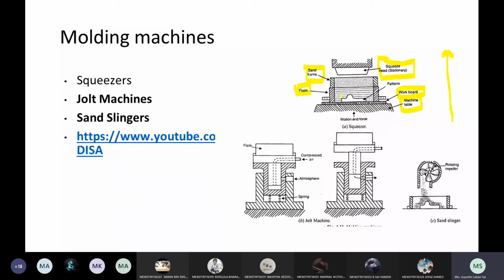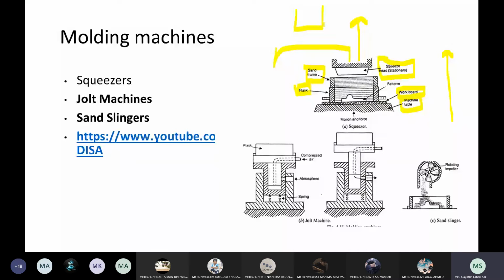After filling it with sand, this machine table will move from the bottom to the top. Before moving, there will be a squeeze head. The squeeze head is stationary, and this is the machine table. So this will slowly move upward, and it will touch this squeeze plate, right?